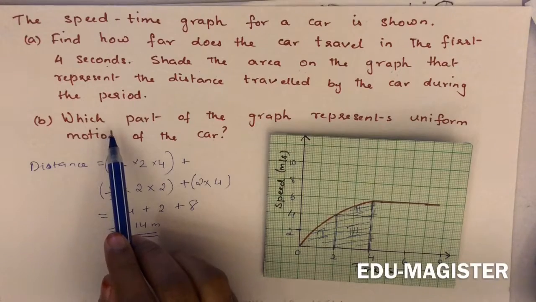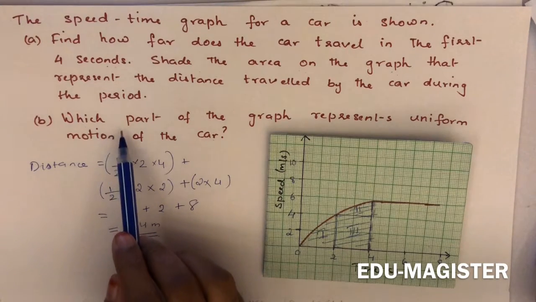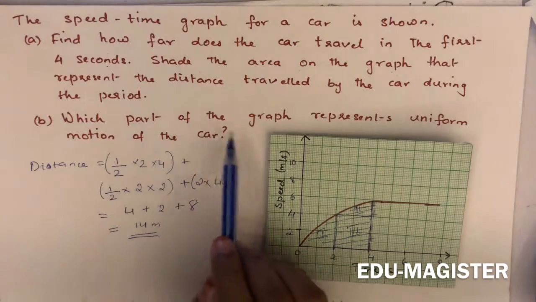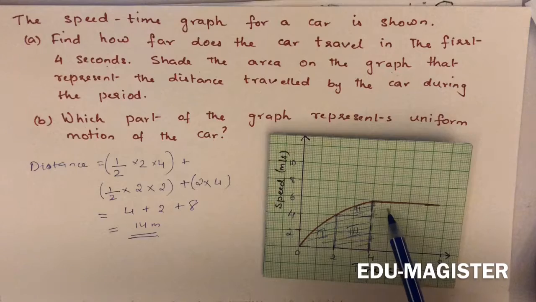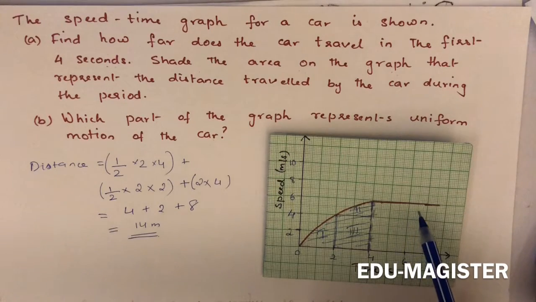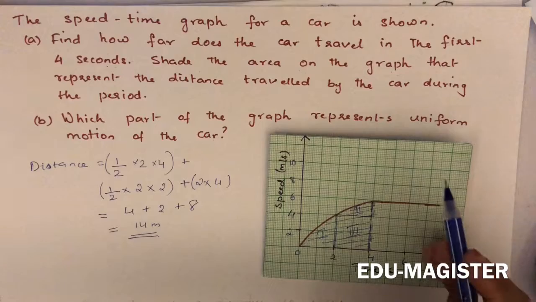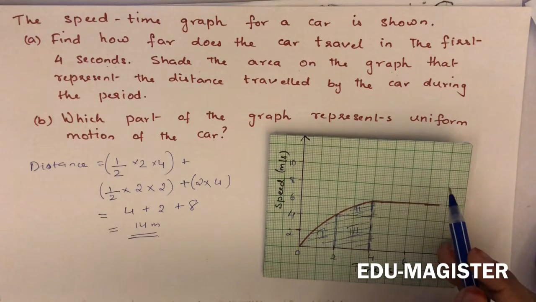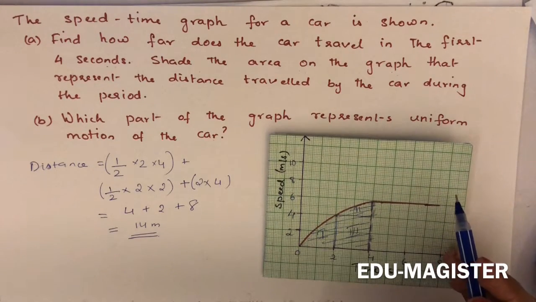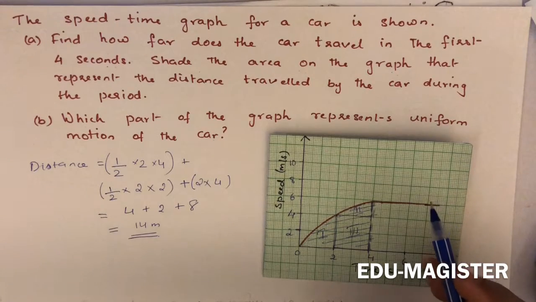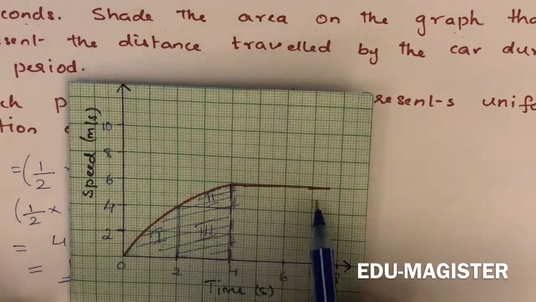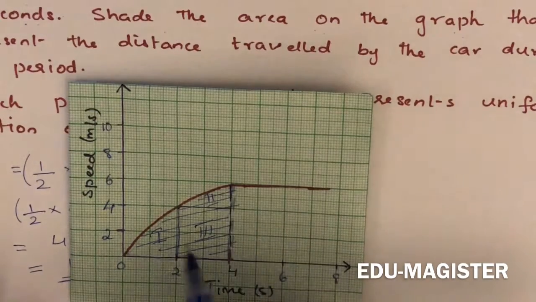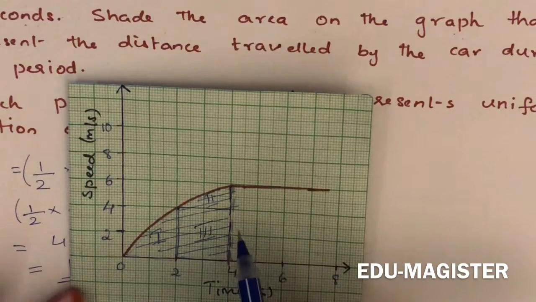In the next part of the question, they are asking us to mark the uniform motion of the car in the graph, that is which part of the graph is representing uniform motion. So as we all know, what is uniform motion? In uniform motion or during uniform motion, the car will have same speed or constant speed. So here when you look at the graph, which part of the graph is having the same speed or constant speed?